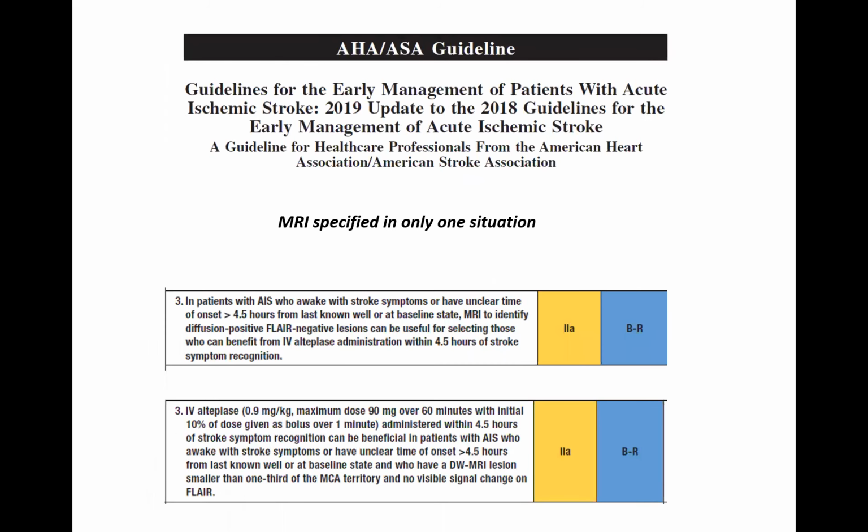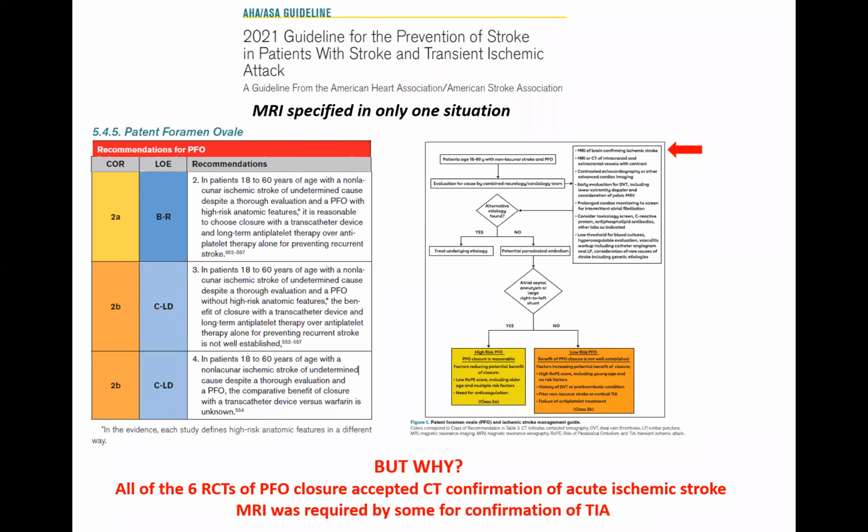What about guidelines? So in the recent guidelines for early management of acute ischemic stroke, there is one place where MRI is specified as needed, and that's for patients with wake-up stroke. In the entire guidelines, there's one. In the secondary prevention guidelines that came out last year, there is one place where MRI is specified.